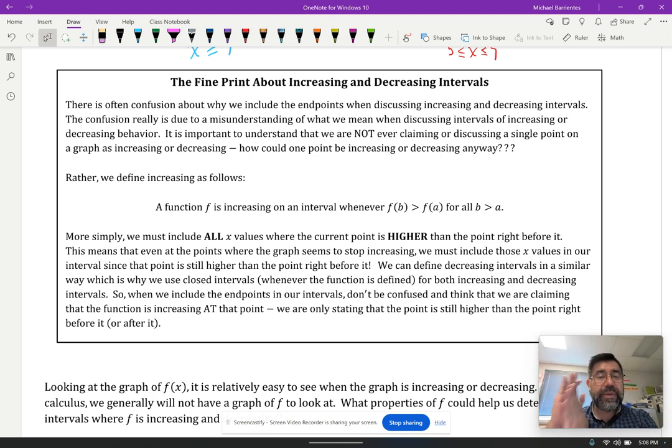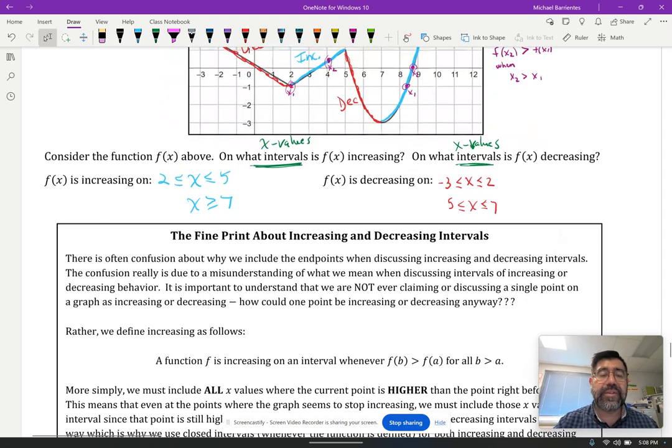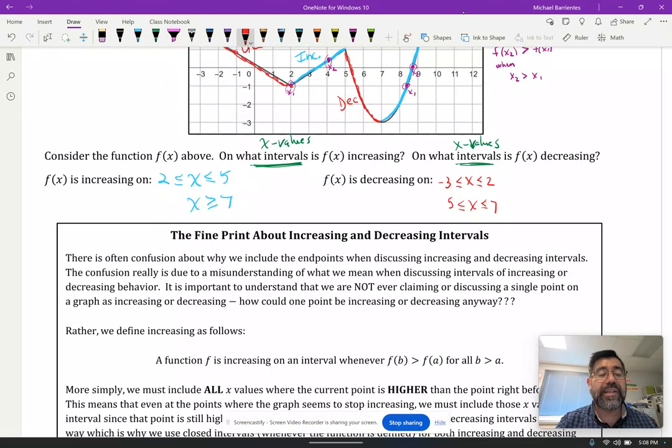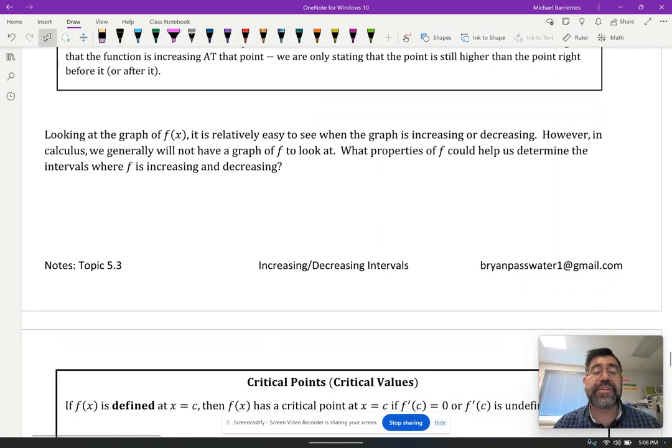So remember, we're always comparing 2 points on any interval to see if it's increasing or decreasing, and that requires us to include the endpoints as well. So I'll let you read that. You can pause the video and read it, but I think we should accept that whenever we're talking about increasing and decreasing, include the endpoints, right? So if you'll notice, I always said less than or equal, greater than or equal in all of my interval notation.